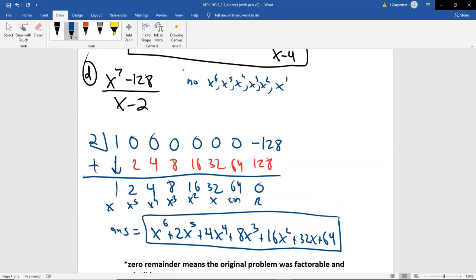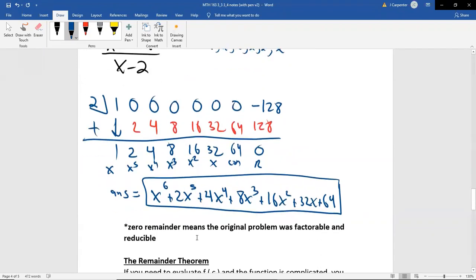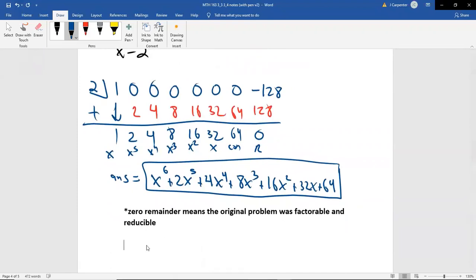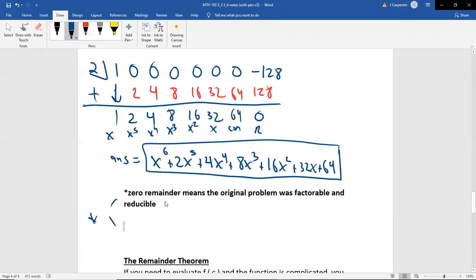However, we can implicitly factor a problem like this by doing a division. If the remainder is 0, then it means that this was factorable. It means that x to the seventh minus 128 is equal to x minus 2 times that x to the sixth plus all the way down to the 64.